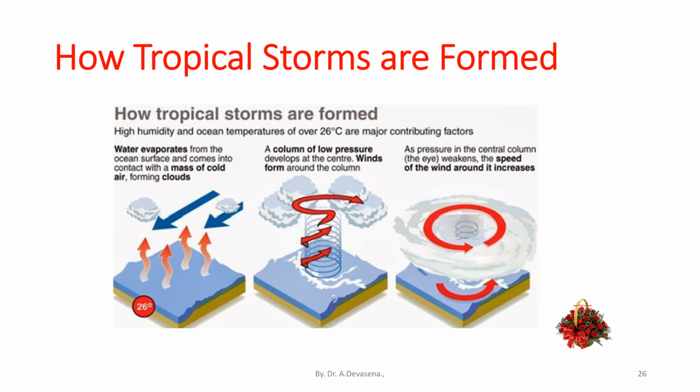A column of low pressure develops at the center. Winds form around the column, that is indicated in the second diagram. As the pressure in the central column, that is the eye, weakens, the speed of the wind around it increases. This is indicated in the third diagram.